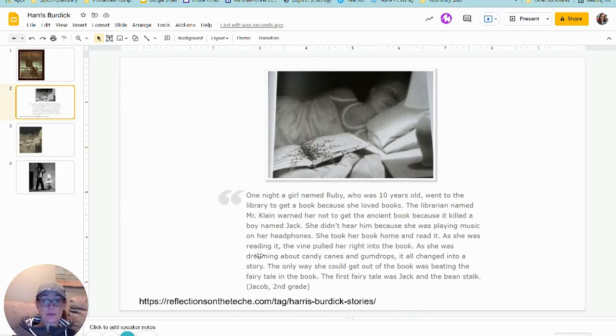As she was dreaming, the vine pulled her right into the book. And as she was dreaming about candy canes and gumdrops, it all changed into a story. The only way she could get out of the book was beating the fairy tale in the book. The first fairy tale was Jack and the Beanstalk. So that's the story of what's happening here.